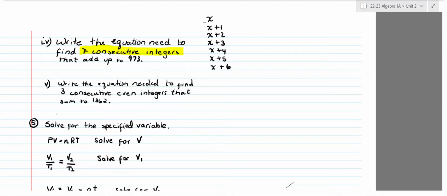Is there 7 of them? 1, 2, 3, 4, 5, 6, 7. Yes. So when I combine all of this, I get 7x. And then all of these numbers, I'm going to need a calculator for this one. 1 plus 2 plus 3 plus 4 plus 5 plus 6, 21. I just didn't want to mess it up on video. Equals 973. There, that's the equation that's going to help you solve that one.